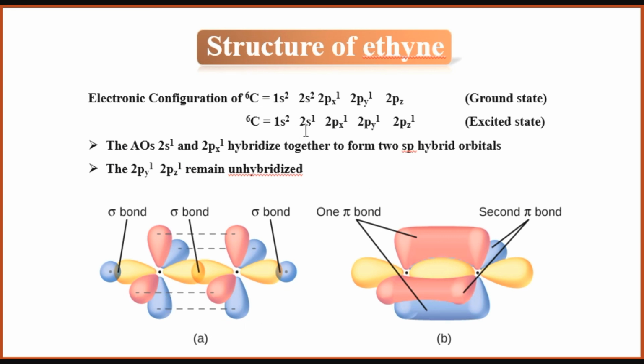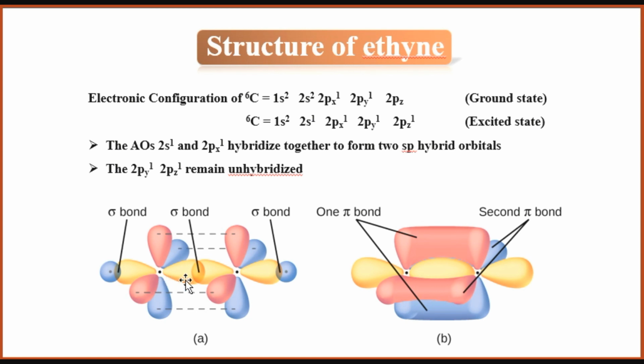So here the 2s and 2px orbitals would hybridize together to form 2 sp hybrid orbitals, and the remaining ones, that are 2py and 2pz orbitals, would remain unhybridized. So every carbon atom in the case of ethyne compound would have 2 sp hybrid orbitals, and one of these sp hybrid orbitals would overlap with the 1s orbital of the hydrogen, that is here, forming a sigma bond, and the same situation occurs over here with this carbon atom.